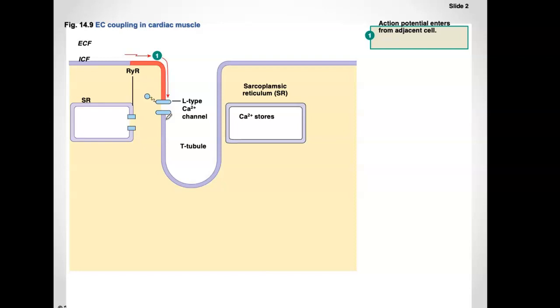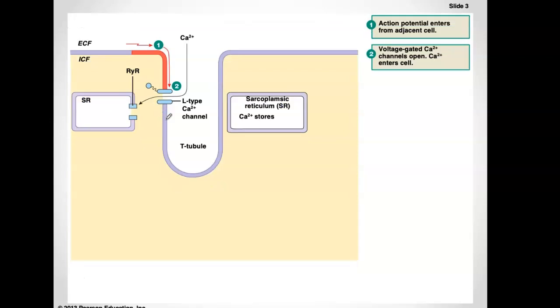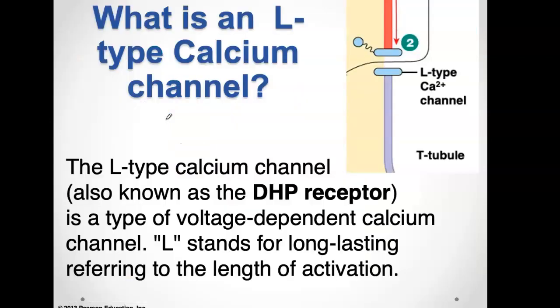What's an L-type calcium channel? It's also known as a DHP receptor that we looked at before. It's voltage dependent, but it's a calcium channel instead. The L stands for long lasting, referring to the length of the activation. It actually stays open for a while.